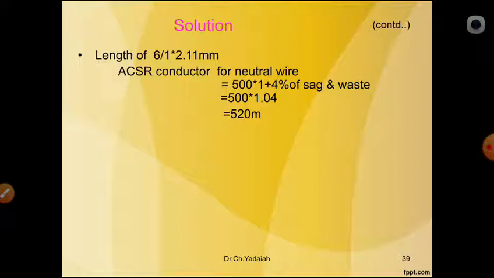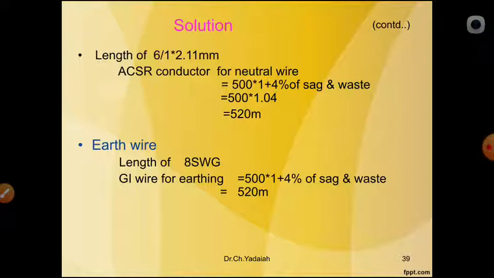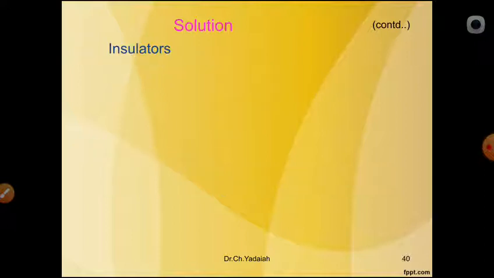Now next, find the earth wire. What is the size? 8 SWG. Generally we use galvanized 8 SWG, standard wire gauge, GI wire for earthing. The distance is 500 meters plus 4% wastage, so 520 meters.